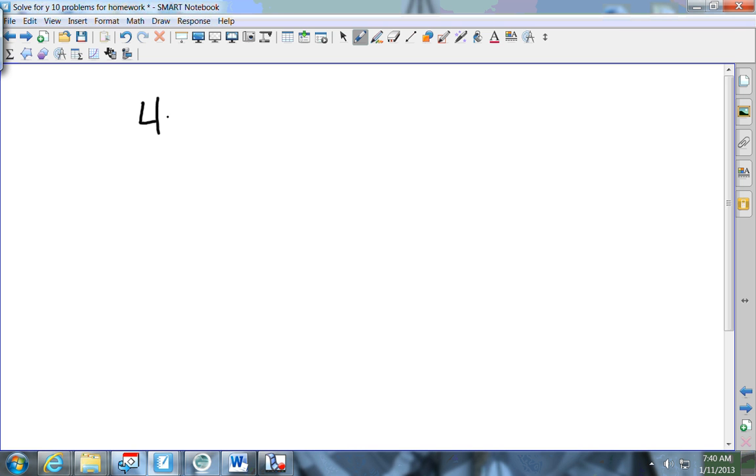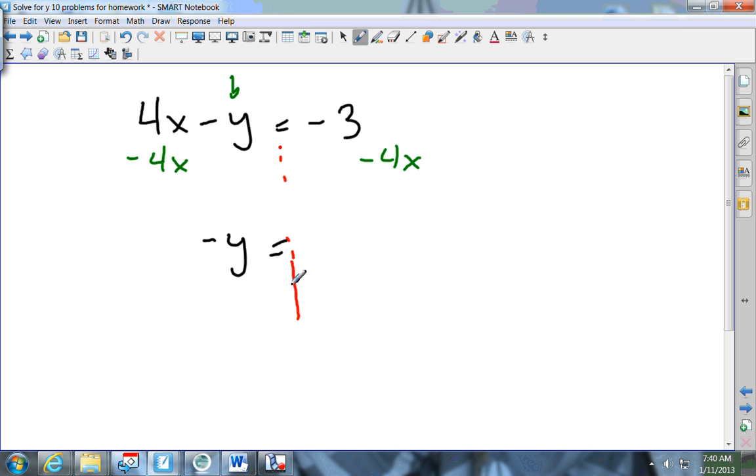Next one is 4x minus y equals negative 3. I'm going to get y by itself again. Remember, addition and subtraction first. I've got a positive 4x right here, so I'm going to subtract 4x from each side. I get negative y equals negative 4x minus 3.